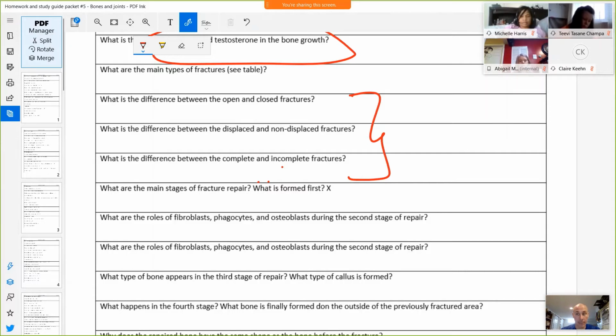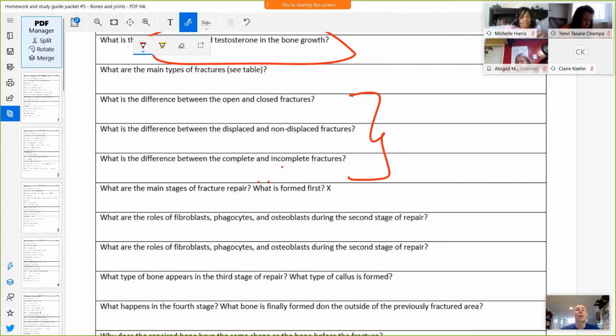I can ask you about some differences, but yeah. Know what they are, know what the difference is on a very basic level. We're not physicians here, so I'll ask complete and incomplete. You tell me complete, broken all the way through; incomplete is not broken all the way through. I hope we're good.